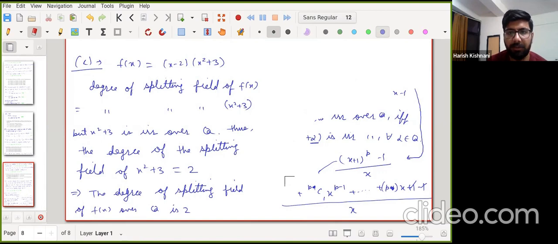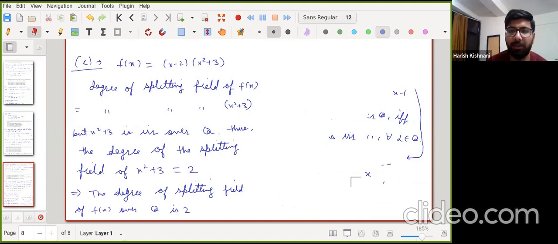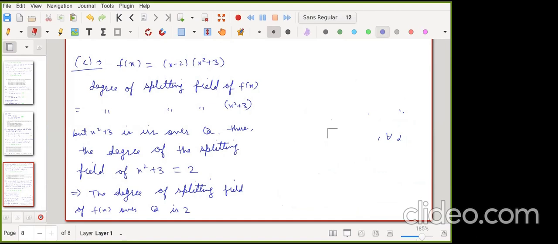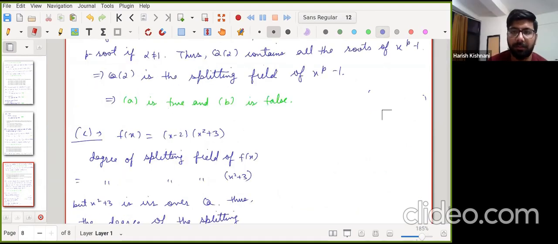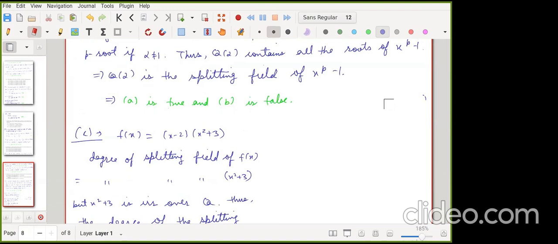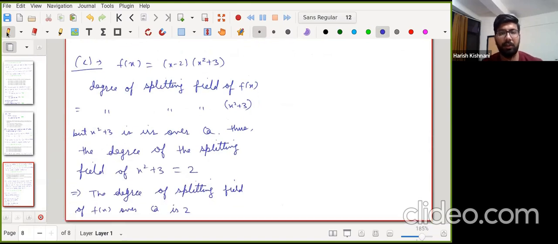The polynomial is of degree 3, but the splitting field has smaller degree because one of the roots is there inside the field itself. In general, the degree is less than or equal to n factorial, where n is the degree of the polynomial.